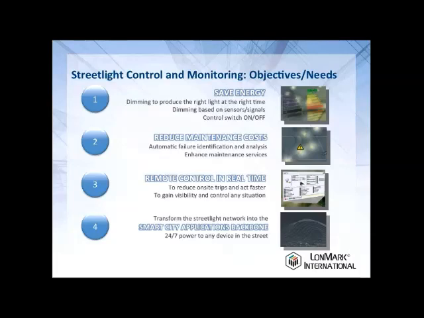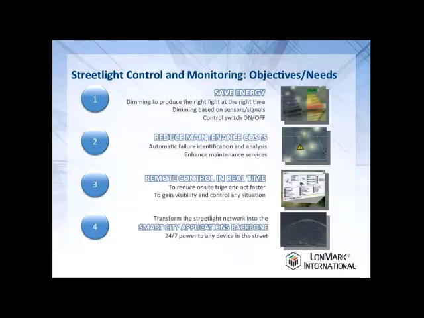Coming back to the first topic: saving energy by dimming the lights and by controlling the on and off time. Reducing maintenance cost by automatically identifying failures, lamp failures but also electrical failures, and reducing the associated maintenance cost.